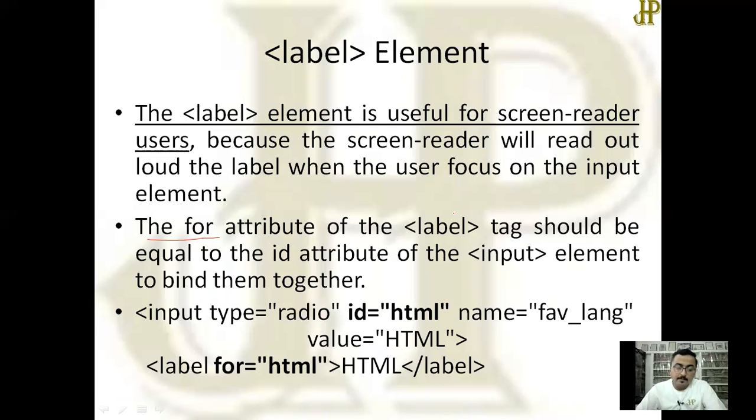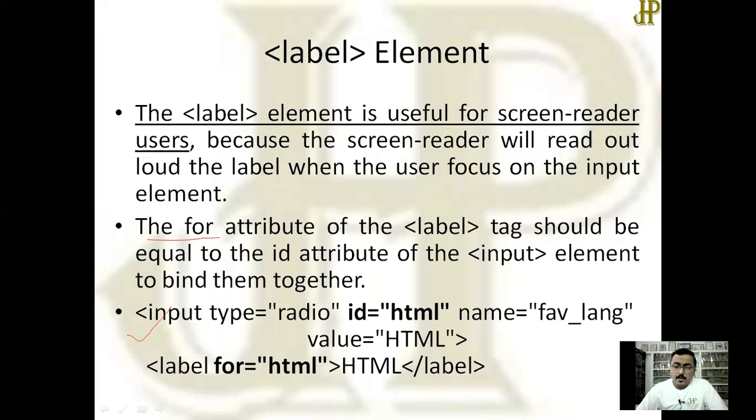It means the description that is given, and for what input that description is to be attached, that attachment can be done with the for attribute of the label tag and the ID attribute of the input element.